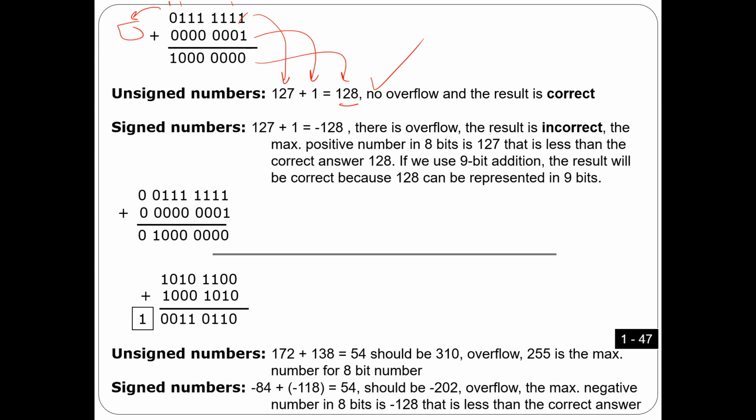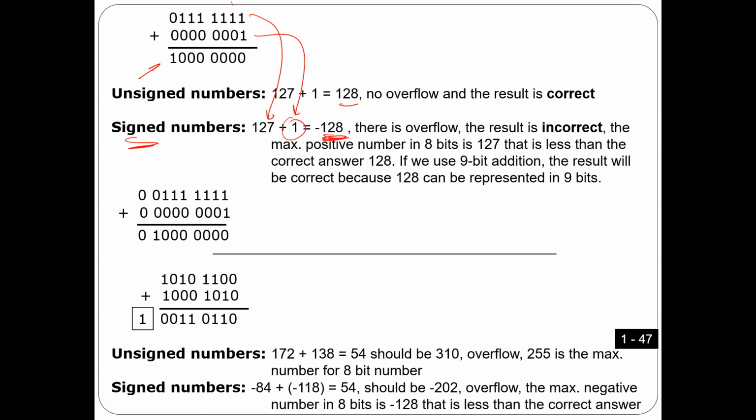Now let's look at the second one. In the second one here, if these numbers are signed, this is a positive number, and I got a negative number. It's impossible. Positive plus positive giving negative is wrong. That's exactly true. So what happened here, when I do the conversion, this one was 127, this one was 1, and actually this one was 128, which is more than the limit.